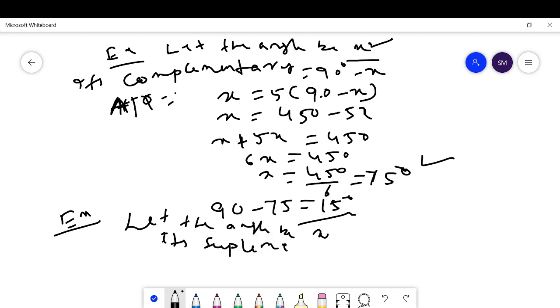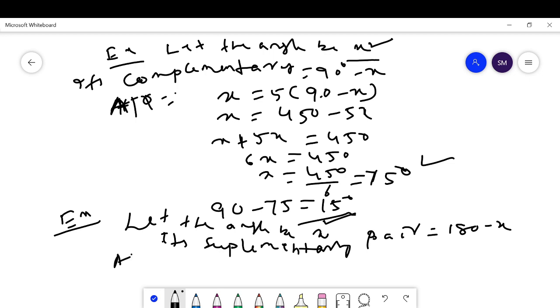The supplementary angle is one whose sum with the angle is 180 degree. So if the angle is x, then its supplementary pair is 180 minus x, as the sum of their angles is 180 degree. If one angle is x, another angle is 180 minus x.